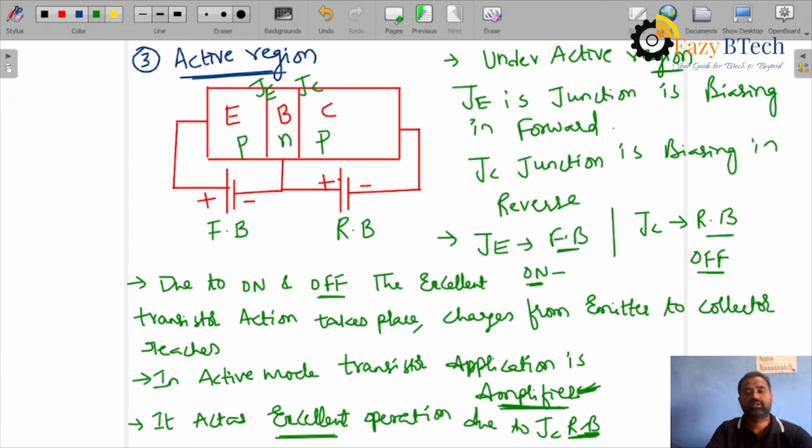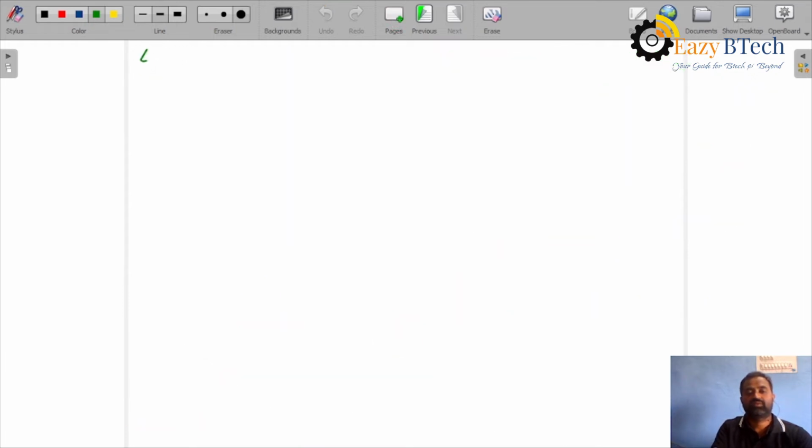Next, the last region, that is 4. Inactive region.